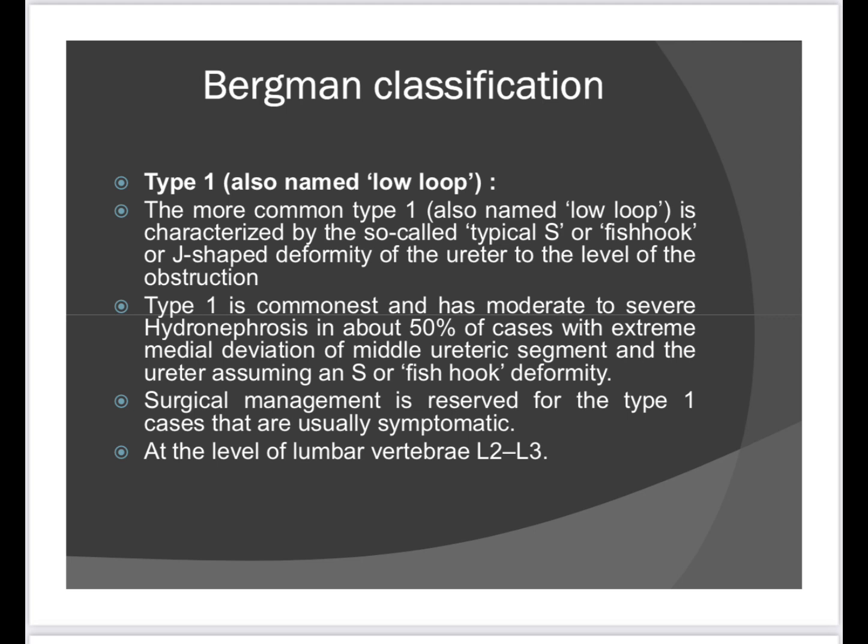This is the commonest one, and it is also called the typical S, fish hook or J-shaped deformity of the ureter to the level of the obstruction, as I have shown in this IVP, which is showing a typical picture of the S, fish hook or J-shaped deformity. So type 1 is the commonest one. This is low loop. Low loop means that it's occurring at the mid segment of the ureter.